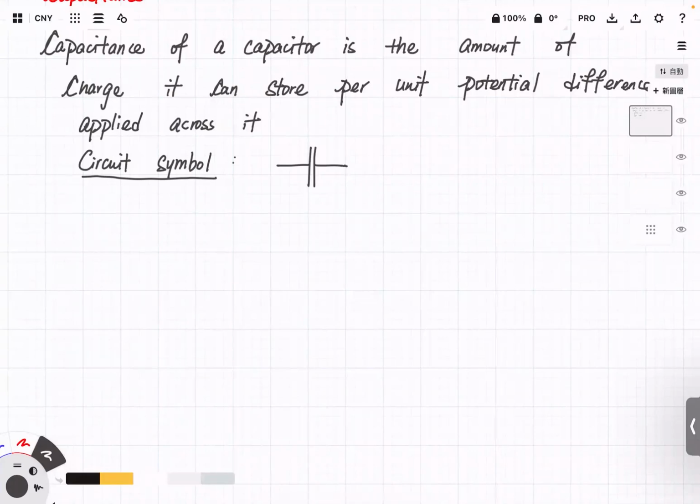This basically samples the fact that we take a capacitor as just two parallel metal plates. This is kind of similar to the symbol of the cell, but don't confuse them, because for the capacitor, the two lines are of equal length. For a cell, they are of unequal length. This is something we need to pay attention to.